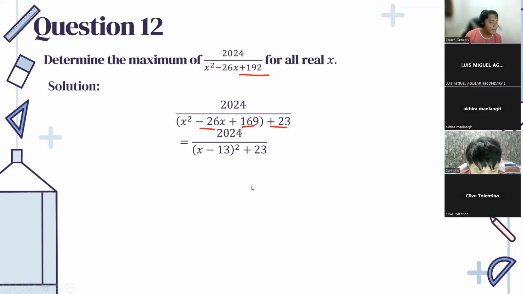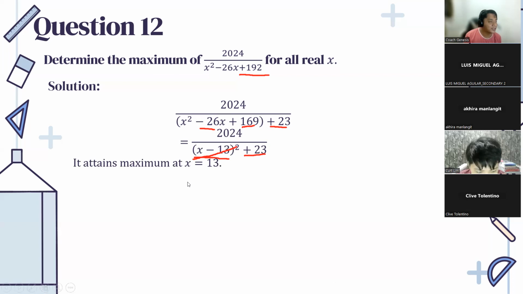Now, we have 2024 divided by x minus 13 squared plus 23. Take note that this is a positive integer and this is a non-negative value because perfect squares are non-negative. So if you were to minimize the denominator, then you need this value to be 0.